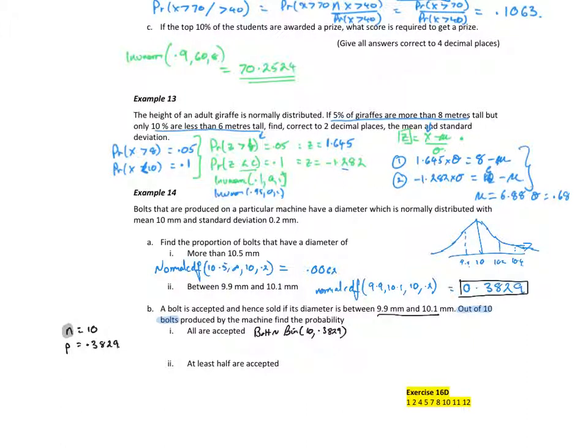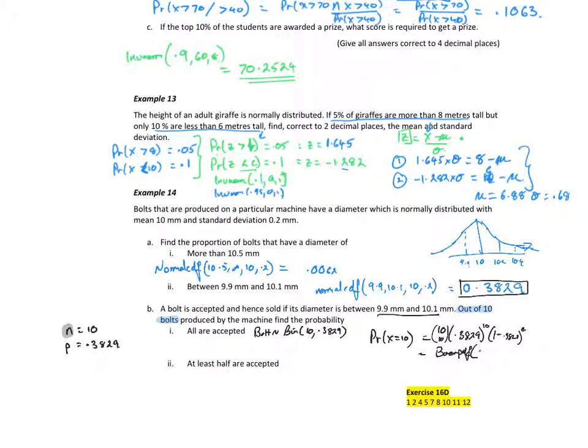All are accepted. So the probability that x is equal to 10 is given by 10 C 10 times 0.3829 to the power of 10, times 1 minus that, which we don't need, to the power of 0, which is the same as my binom PDF.